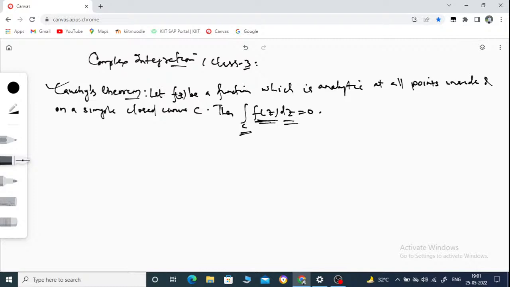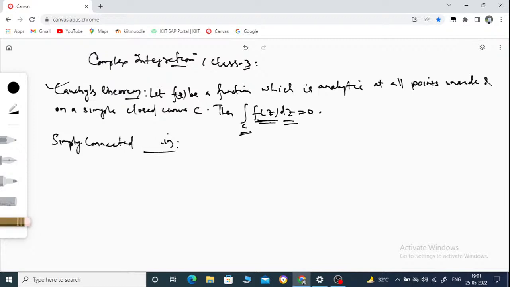Now some other definitions. Let's study the simply connected domain. What do we mean by a simply connected domain, or simply connected region?